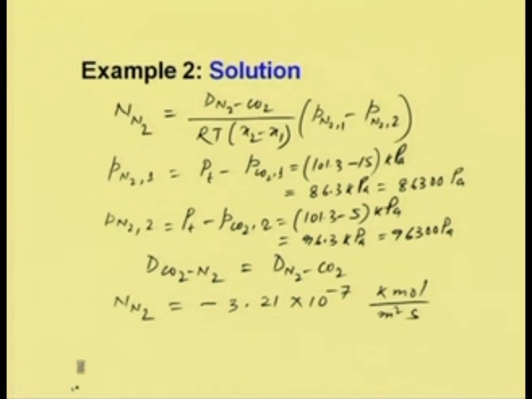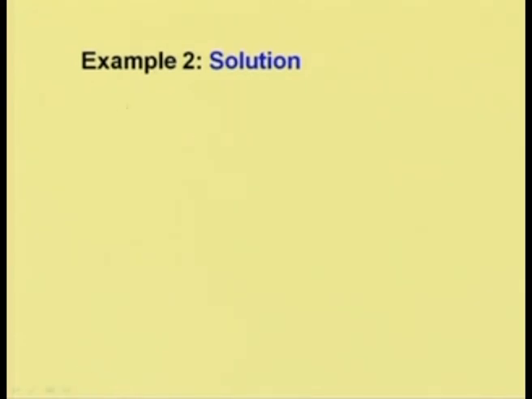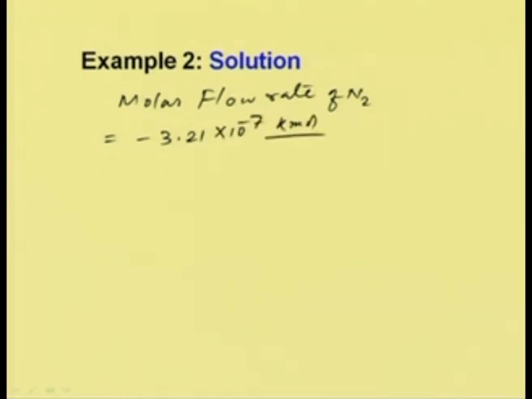Similarly, the molar flow rate of N2 we can calculate as minus 3.21 into 10 to the power minus 7 kmol per meter square second into 1.96 into 10 to the power minus 3 meter square.